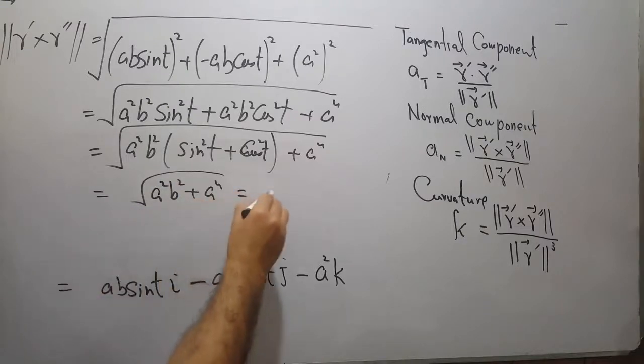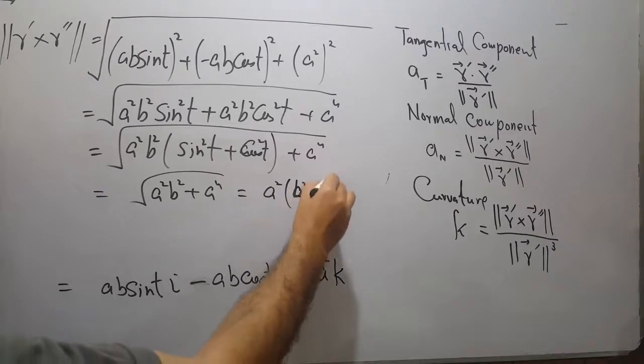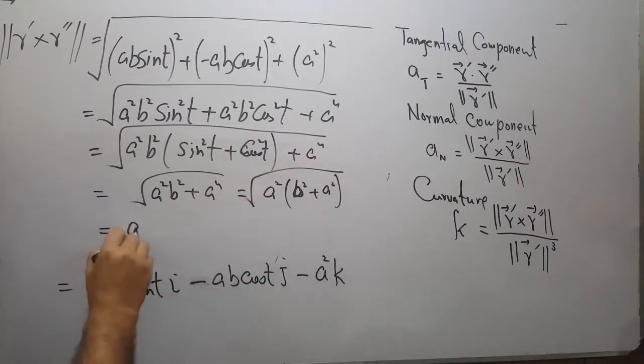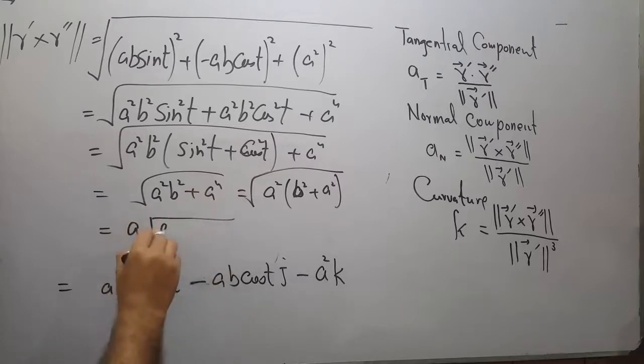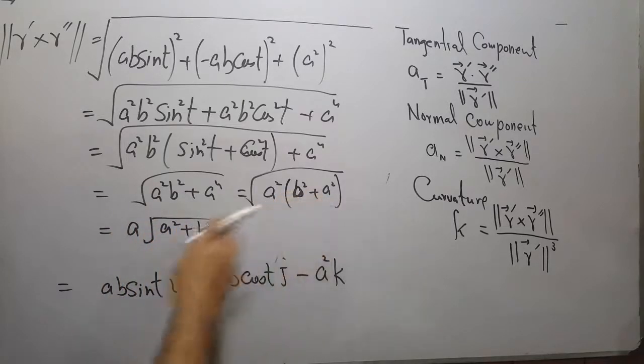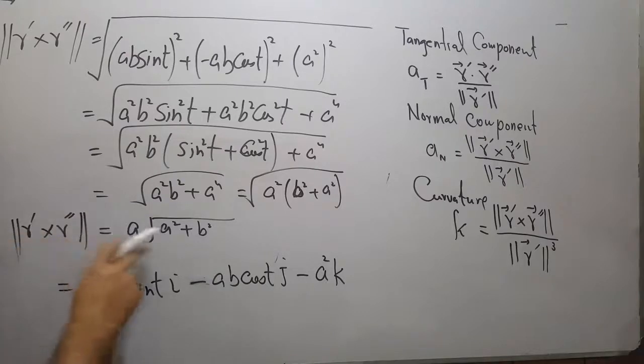If I take a square common, that would be here b square plus a square under the square root, and if we take a square out of the square root, we have a square plus b square. It doesn't matter whether you write b square plus a square or a square plus b square. So the magnitude is a into the square root of a square plus b square.